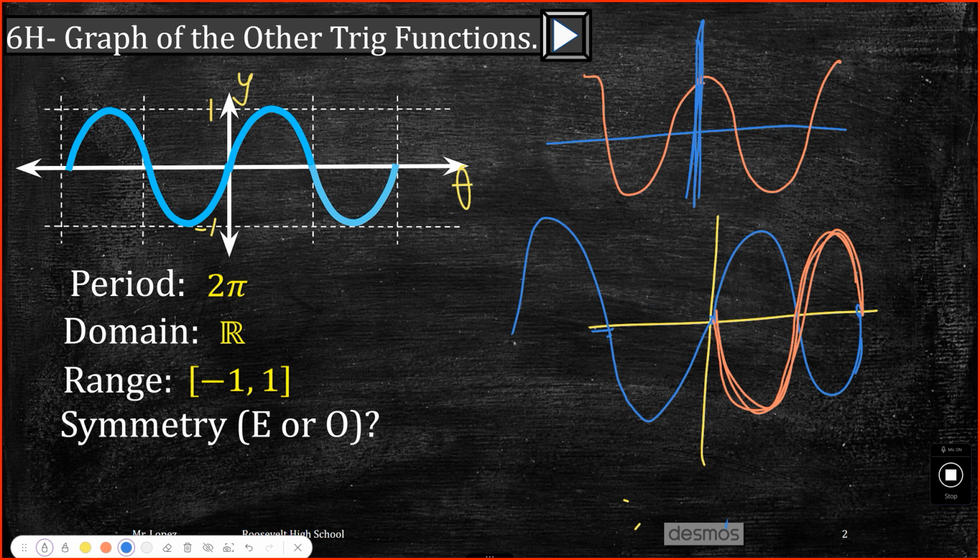Yes or no? So look, for even, remember, you need only one reflection, whereas for odd, you will need two transformations.